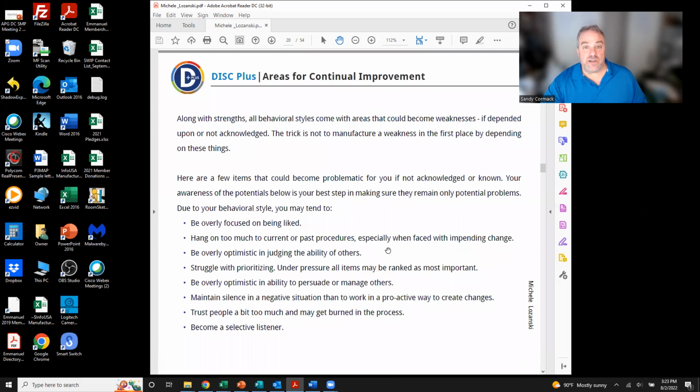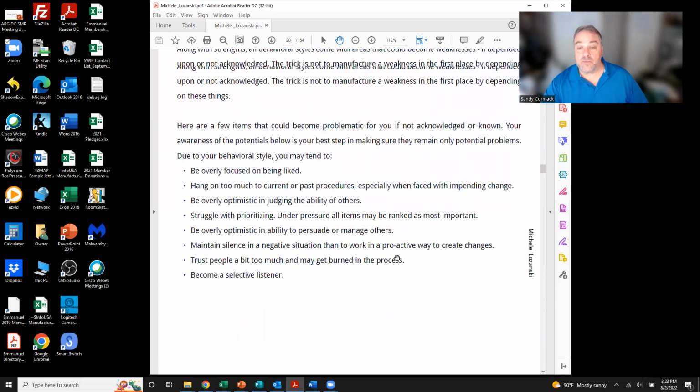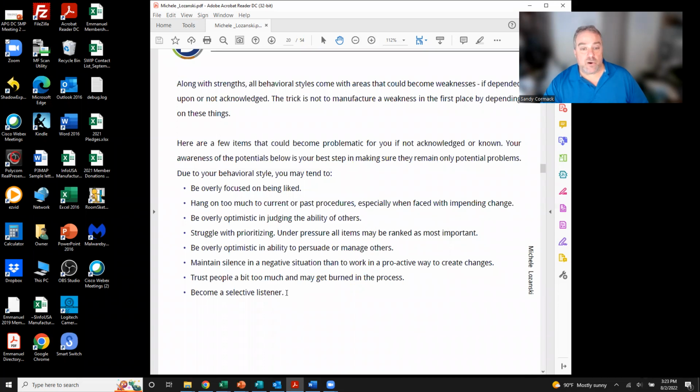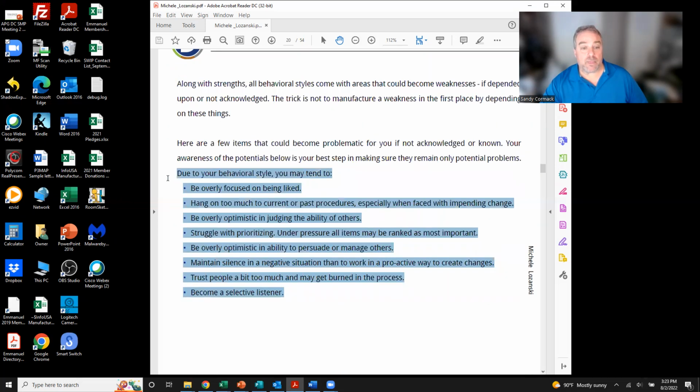Okay, let's move on. Here are some areas for continual improvement. Page 20. So again, this focuses more on blind spots. Due to your behavioral style, you may tend to be overly focused on being liked, be overly optimistic in judging the ability of others, being overly optimistic in the ability to persuade or manage others.